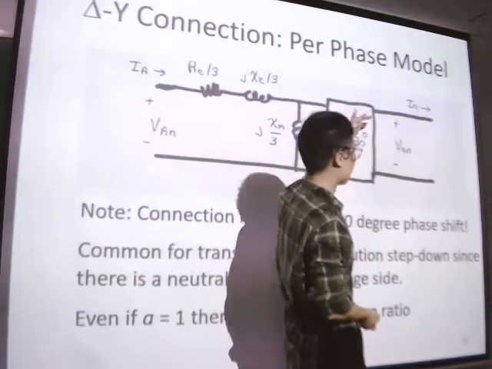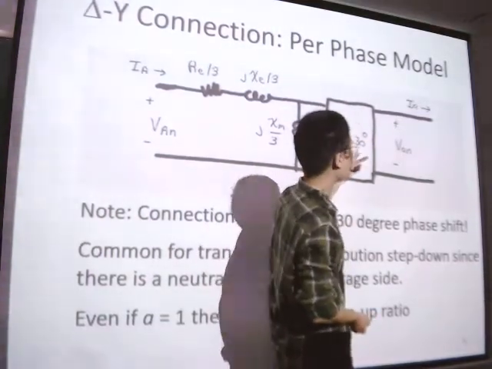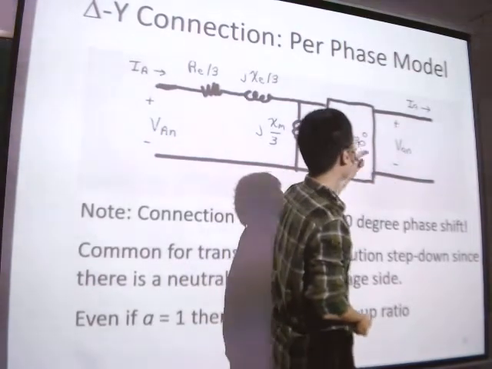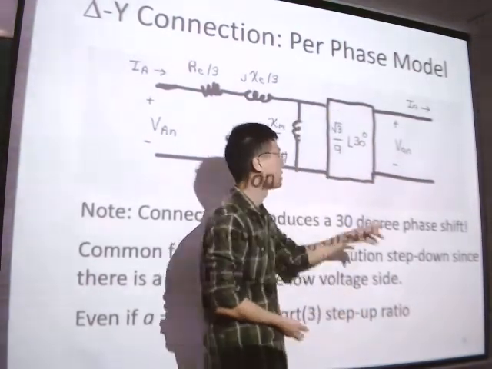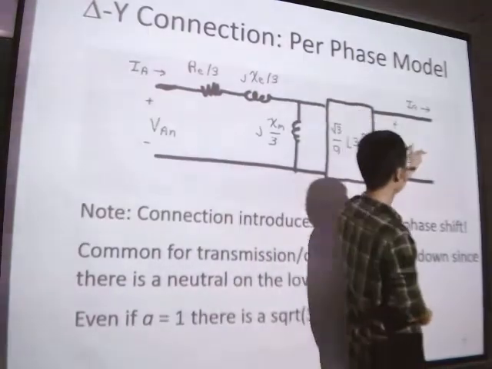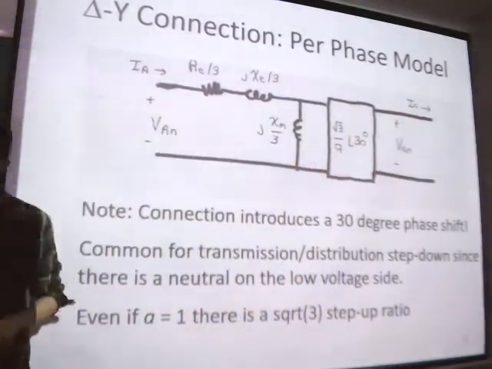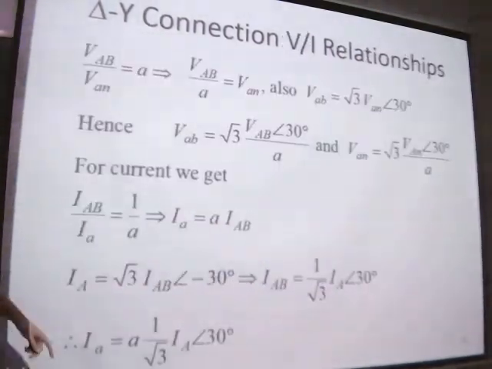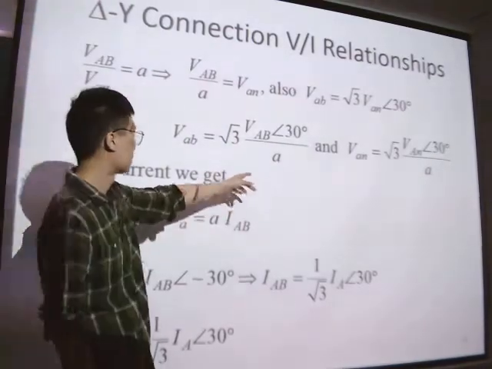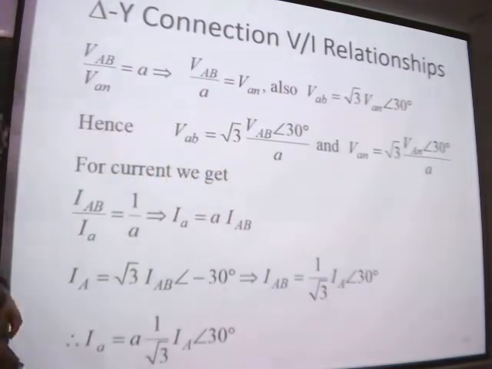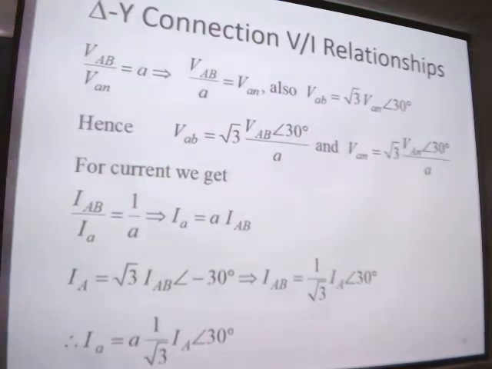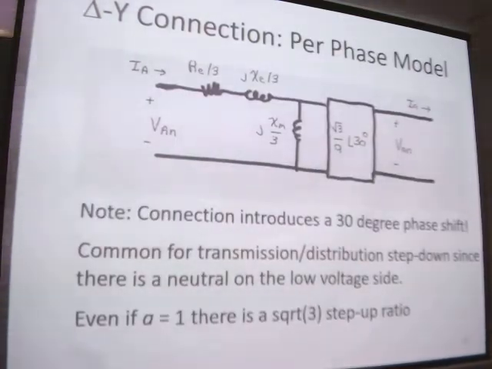So here is the estimation process, and here is the magnitude change for both the voltage and the current, okay? Voltage and the current. So in the delta to Y, there should be a 30-degree phase shift.